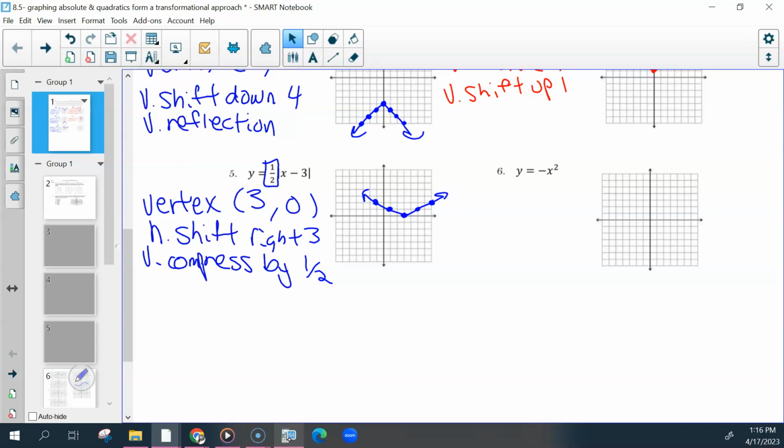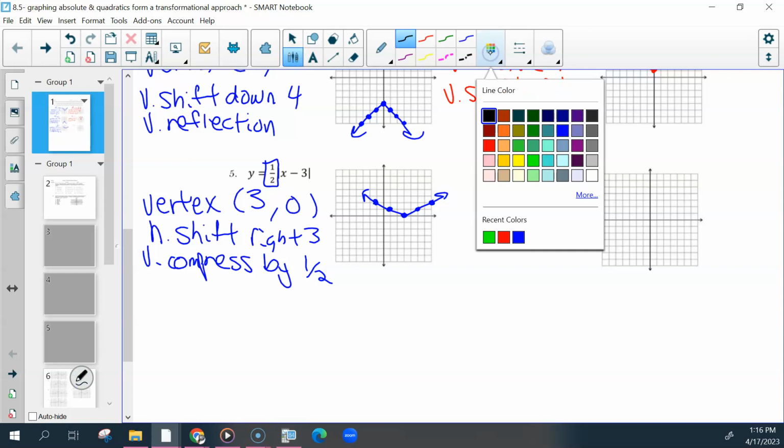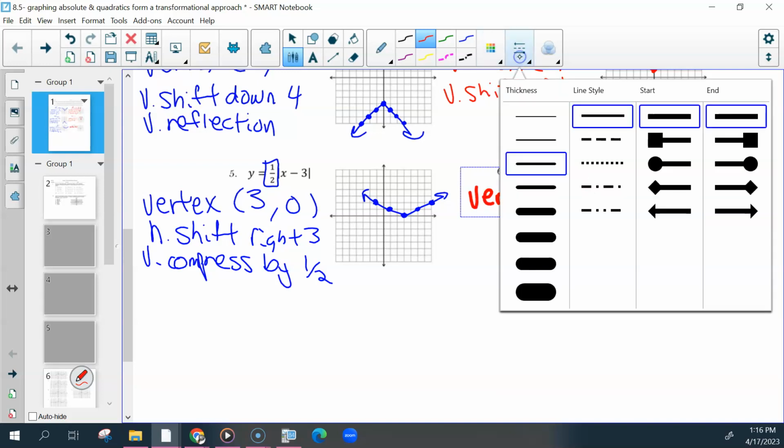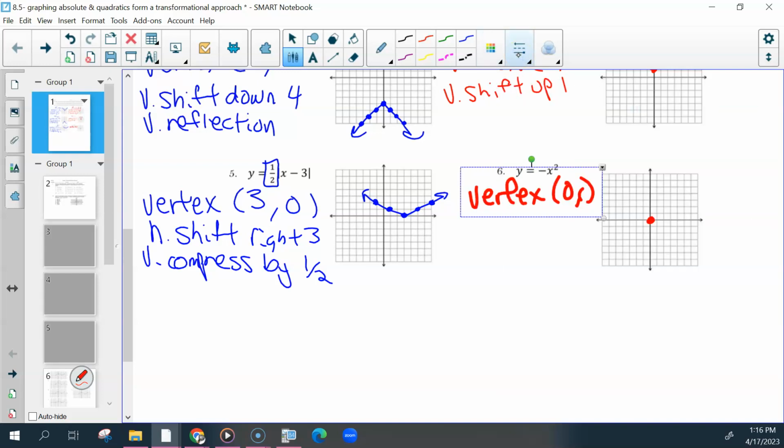And then last one. What would your vertex of this be? It is 0, 0, yes. So it means there aren't any horizontal or vertical shifts. What did change? Yes, a vertical reflection.